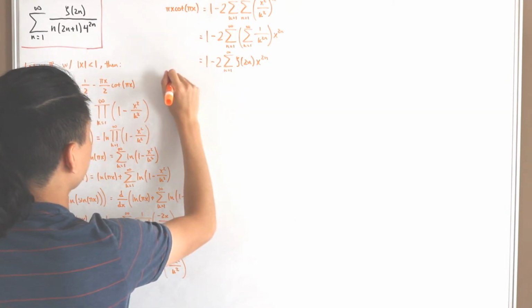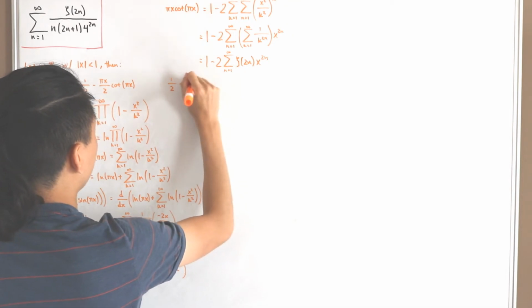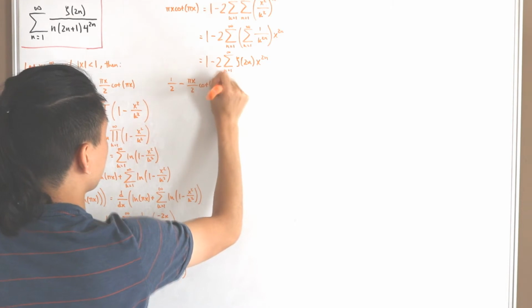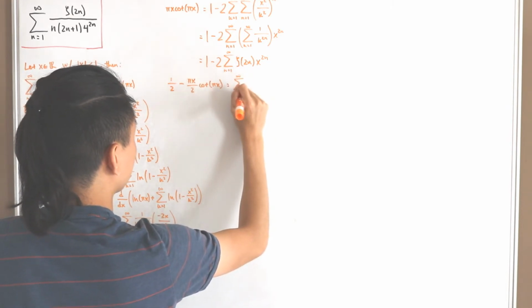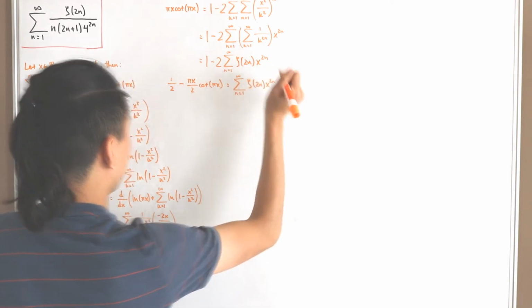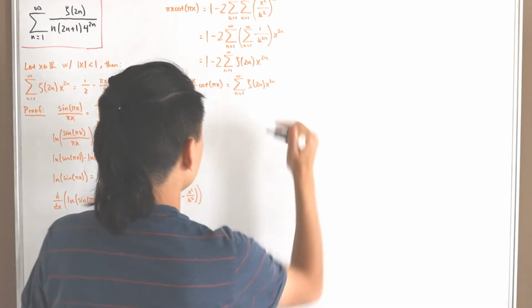So we get the following result: 1/2 minus pi x over 2 times cotangent pi x is equal to the infinite sum, n equals 1, of the Riemann zeta of 2n times x to the power 2n. And that proves the lemma.